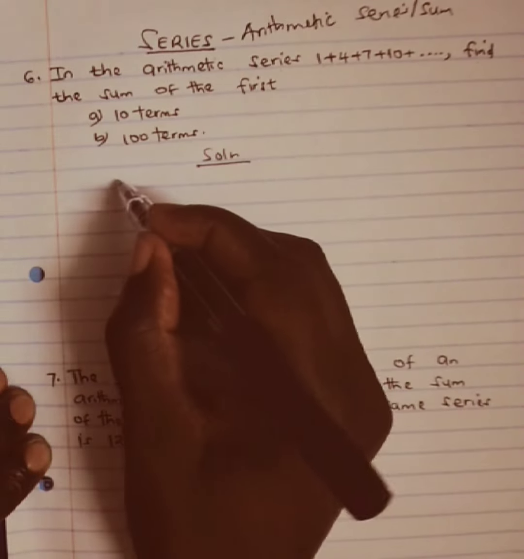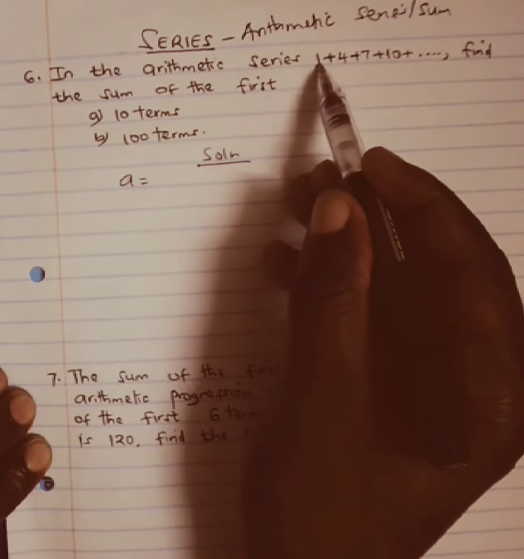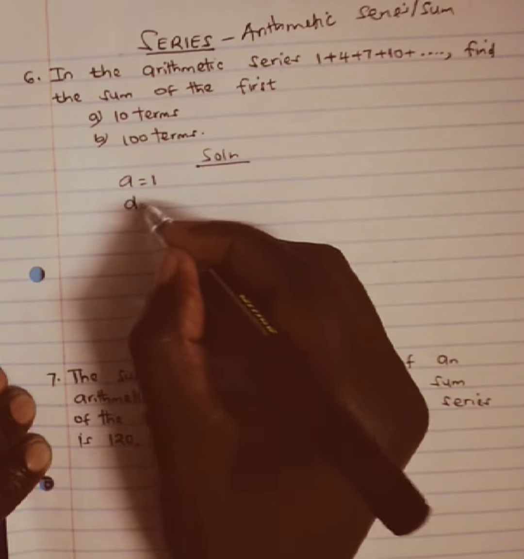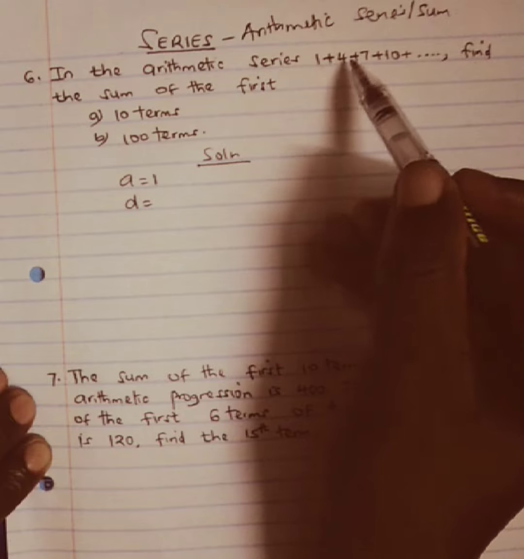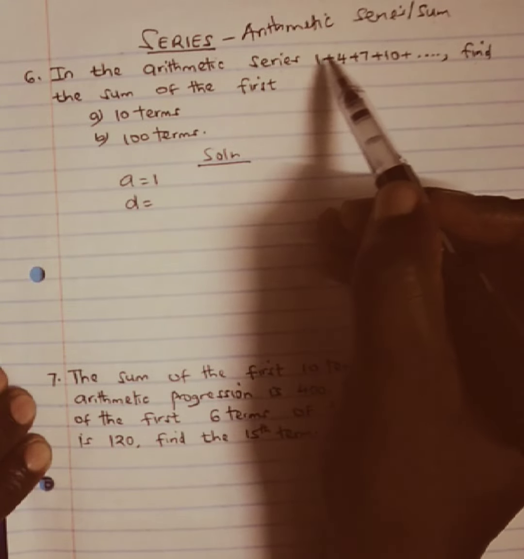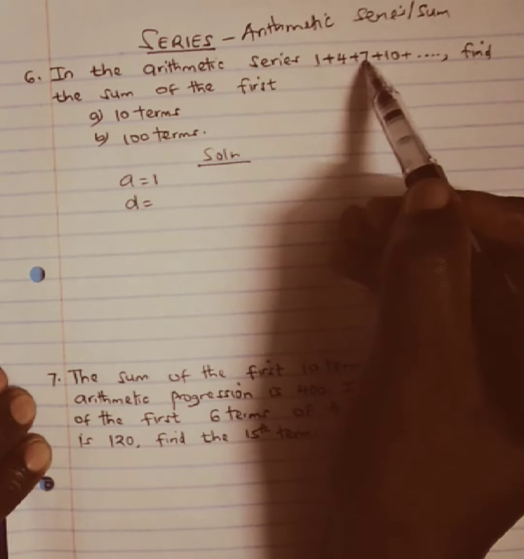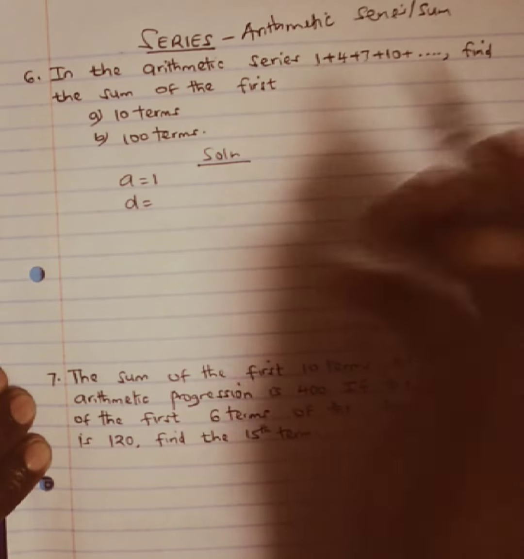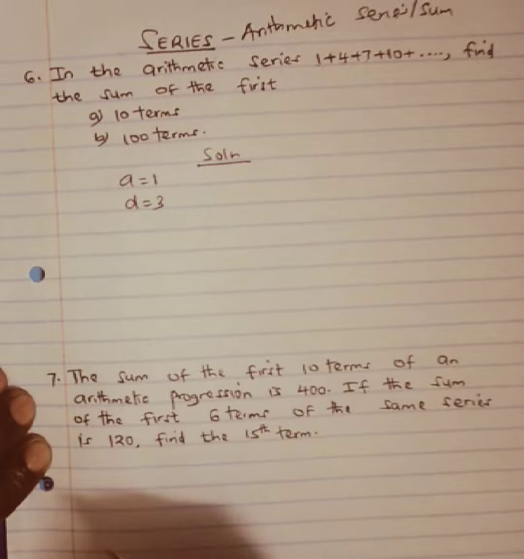From this sequence, we are able to get the first term, which is 1, and the common difference, which is taken by taking the second minus the first one. So if you take 4 minus 1, or 7 minus 4, or 10 minus 7, you'll get the common difference is 3.